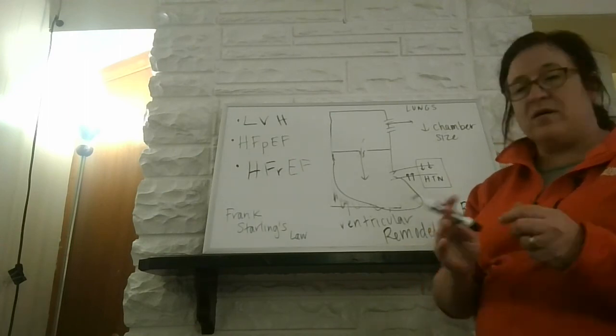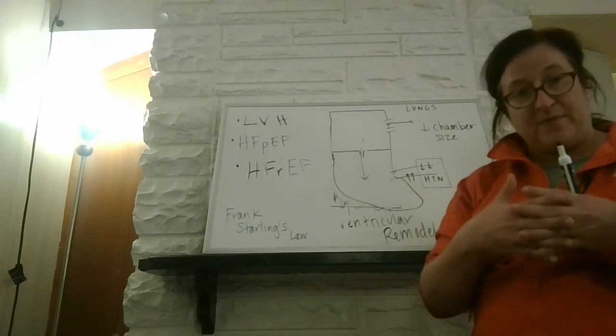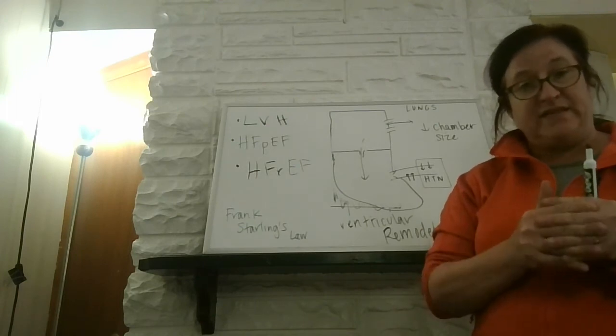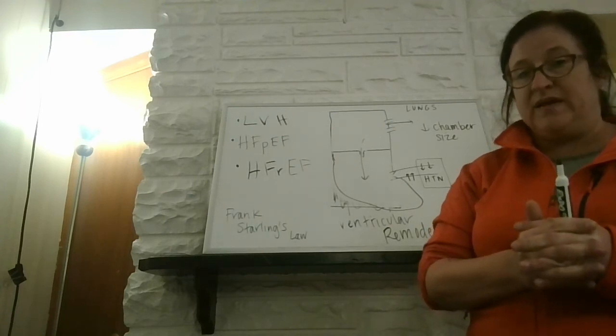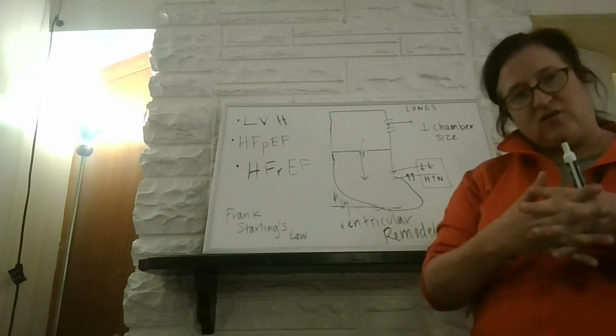So the cardiac muscle fibers, the actin-myosin filaments, are not lined up as efficiently as they could be at rest. They're a little crossed.